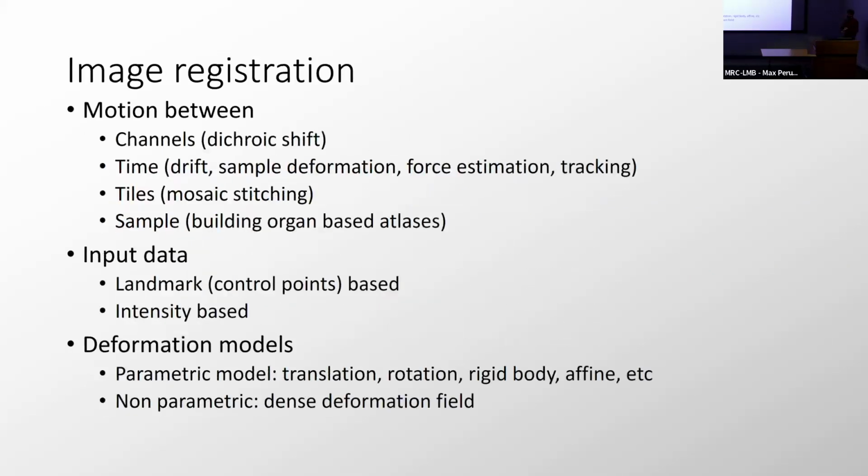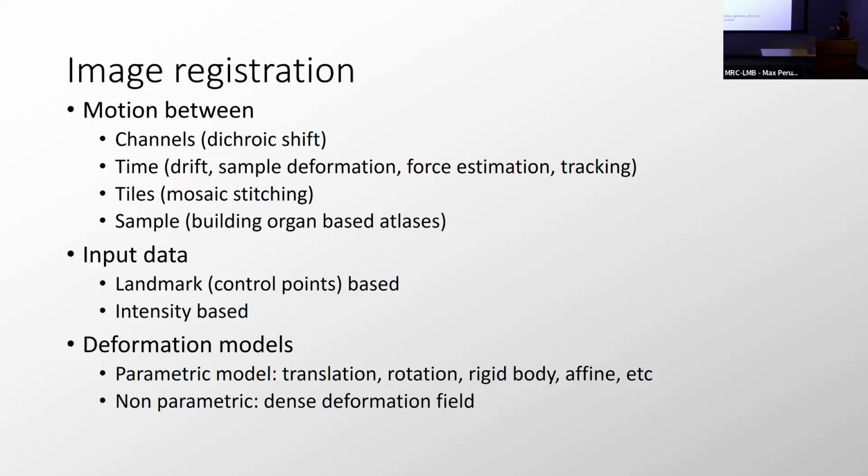Once you have a noise-free and sharp image, you might want to relate several pictures together. This is image registration, trying to align the pixels of two images. There are different situations where you need to do this. For example, if you have two channels, you might have a misalignment of the channels. You can have a drift over time, or you would like to estimate some forces in the image or do some tracking.